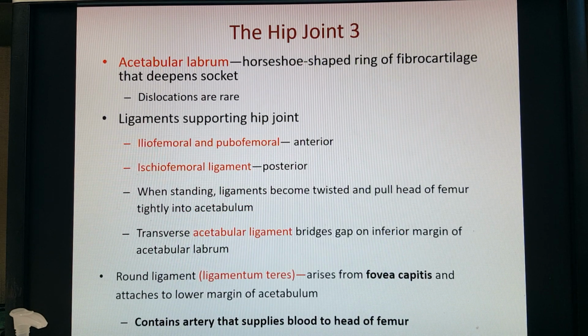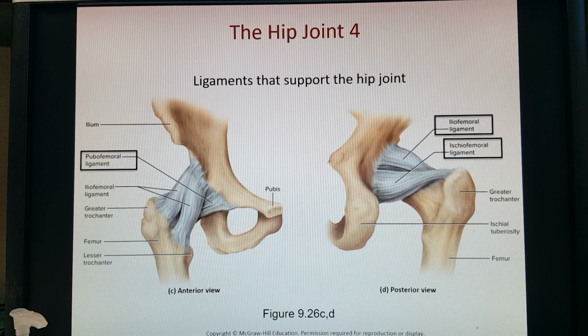So again, a bunch more ligaments and tendons help to hold it together. These are kind of the cool ones. You have tendons that connect each part of your os coxa, your pubis, ilium, and ischium, attaching to the femur.